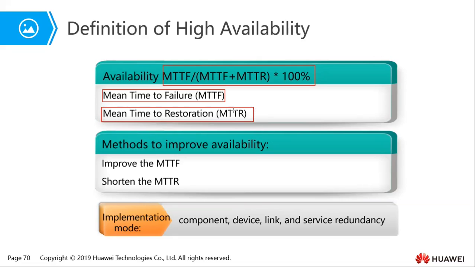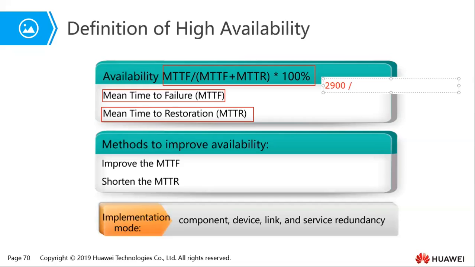So is it 2 hours? Is it 3 hours per year? Is it 4 hours? So if you take that particular example, then we can have, let's say, 2,900 as our mean time to failure.